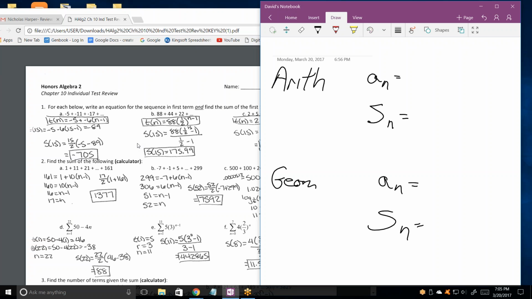Let's talk about arithmetic and geometric sequences, first of all. What is the general formula for the nth term? I also noticed that you use terminology here that's a little different. It doesn't make any difference to the answers, but the terminology I'm used to is the nth term being a sub n. So what's the general formula for a sub n?